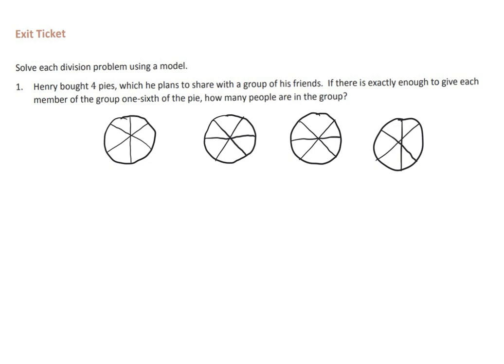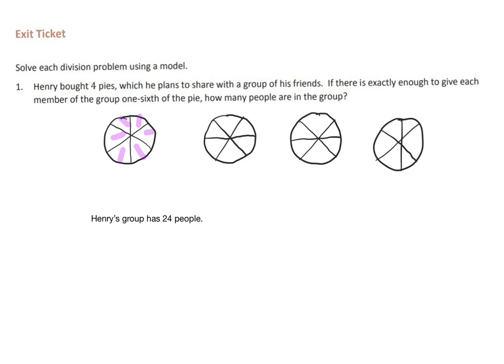I have drawn my 4 pies, and I have cut each of the 4 pies into sixths. So each slice of pie is 1/6 of the whole pie. So this means that Henry's group has 24 people in it. And we know this because if we count the number of slices of the pie, we can see there's 1, 2, 3, 4, 5, 6 in one pie.